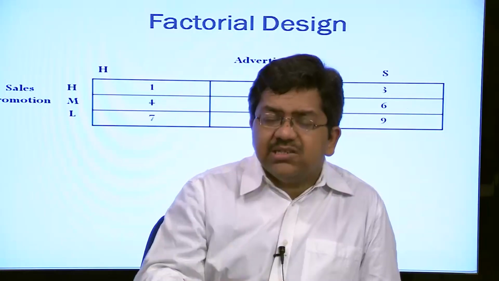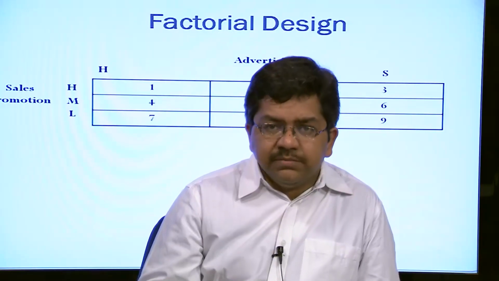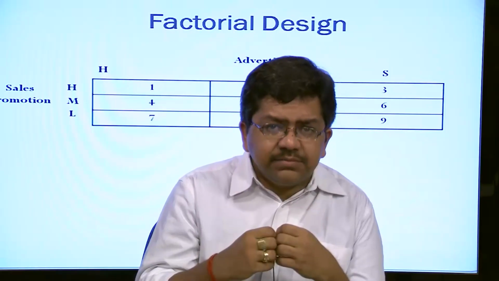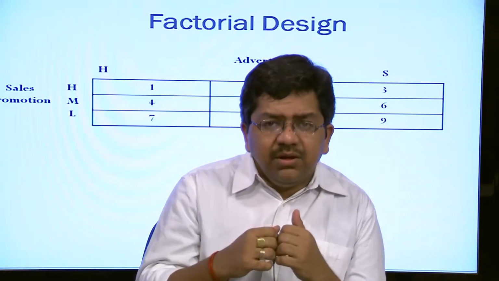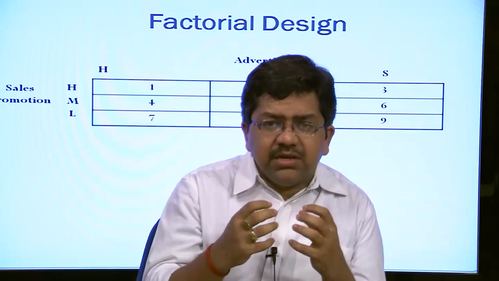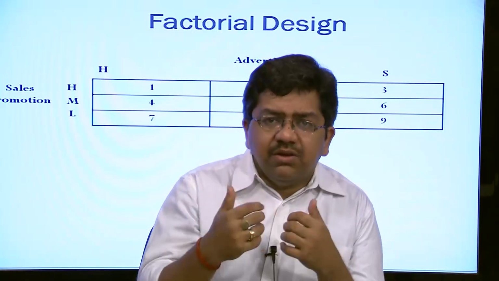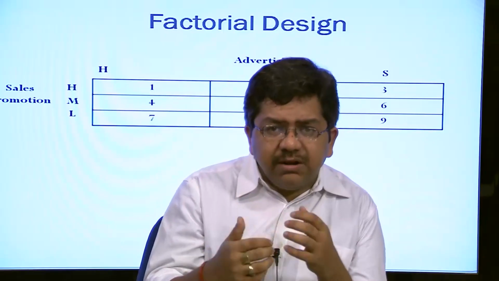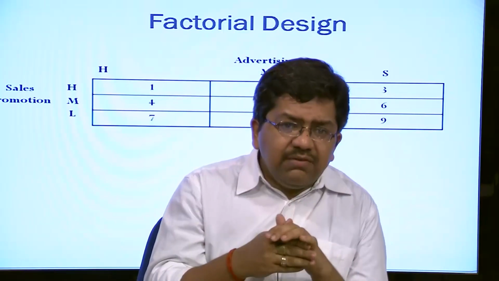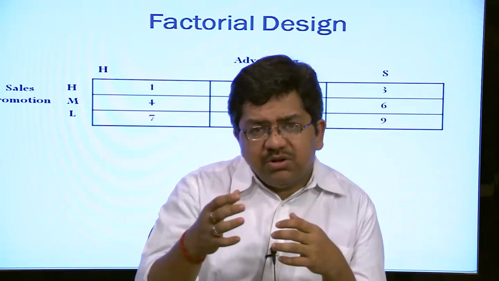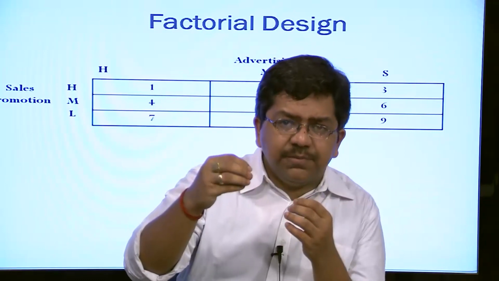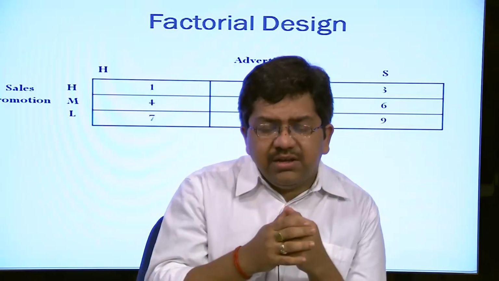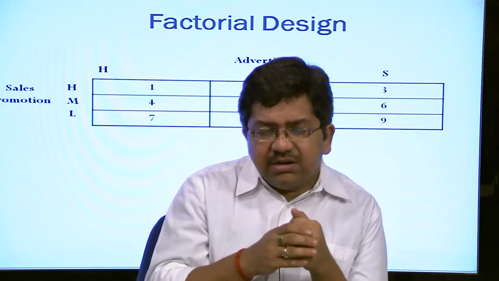That interaction effect is sometimes very important, as it allows you to understand which type of marketing mix is coherent, or which type is not gelling well among themselves. So, if a certain kind of sales promotion does not go well with a certain type of advertising, then you should not use that in your marketing mix.